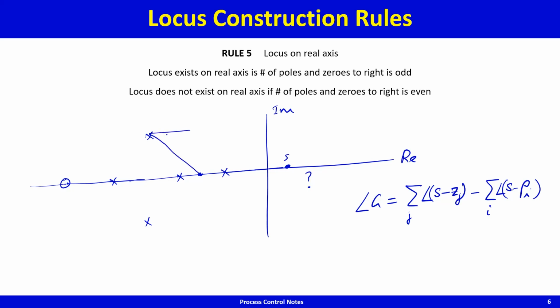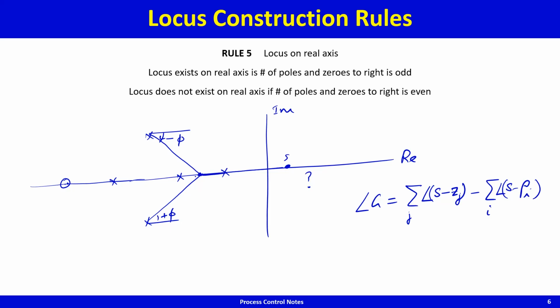S minus, this is minus phi because anti-clockwise, and this guy is plus phi. When you add these two up, they will cancel each other, so the net angle subtended even by the complex conjugate pair is 0. And this guy subtends an angle that is pi.